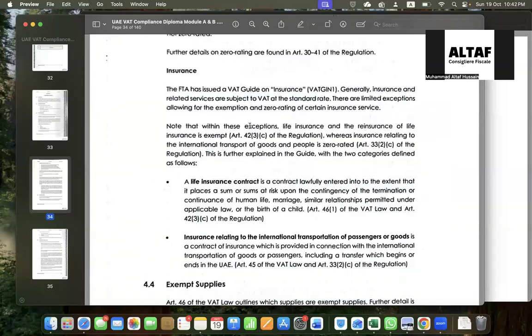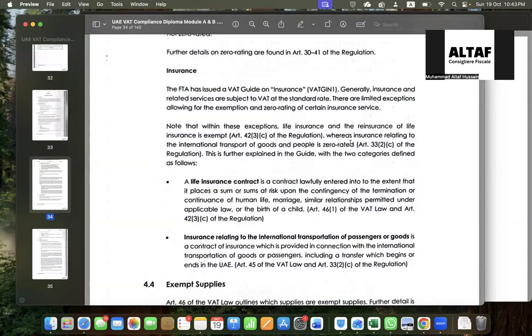Note that within these exceptions, life insurance and the reinsurance of life insurance is exempt. So if there is life insurance or even the reinsurance of that life insurance, that will enjoy VAT exemption. That's the first. Whereas insurance related to the international transportation of goods and people is zero rated.